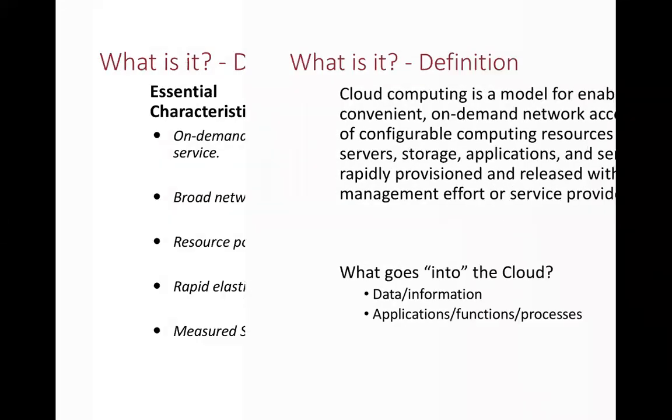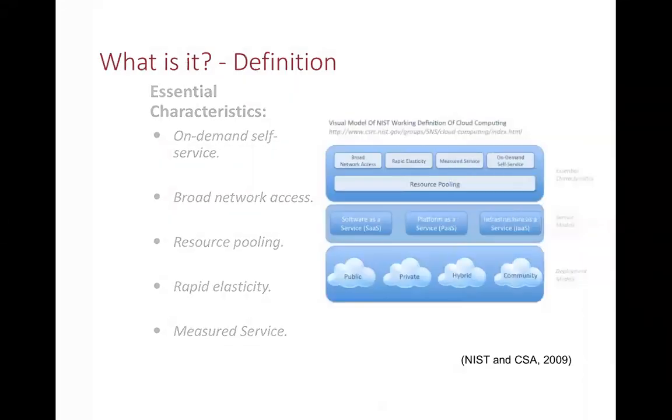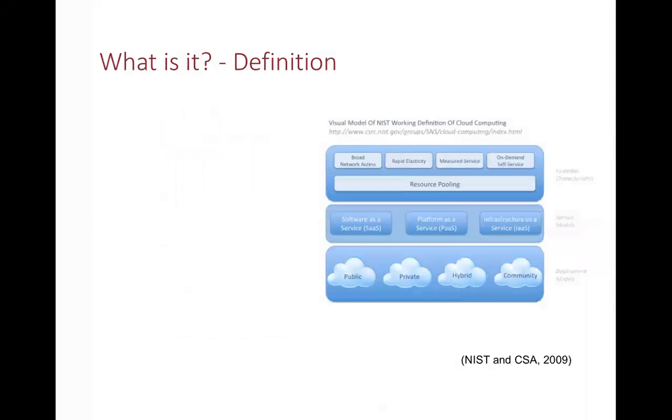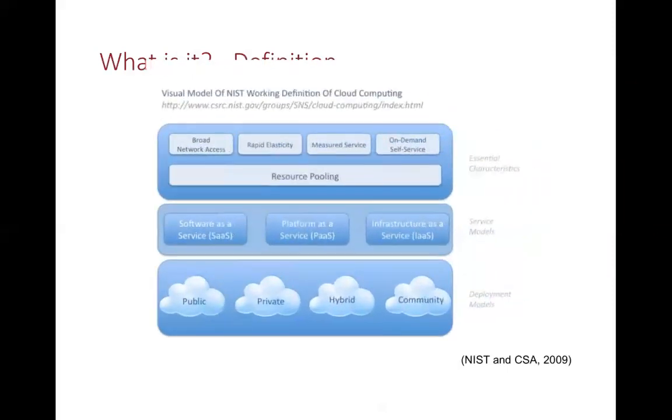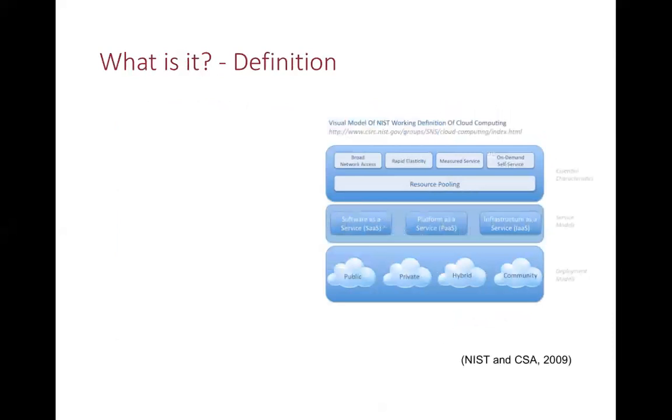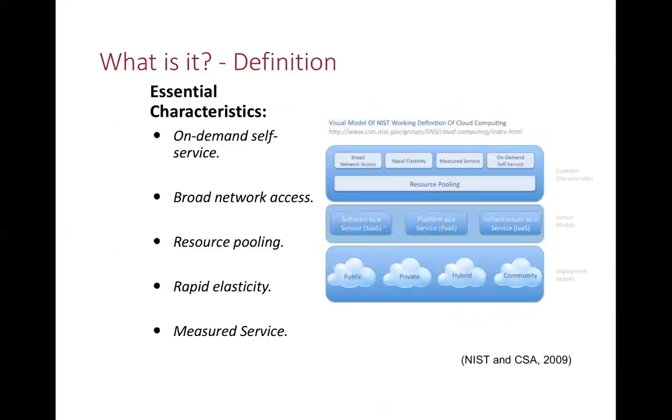The different types of environments. Okay, so the essential characteristics of a cloud are on-demand self-service, broad network access, resource pooling, rapid elasticity, and measured service.